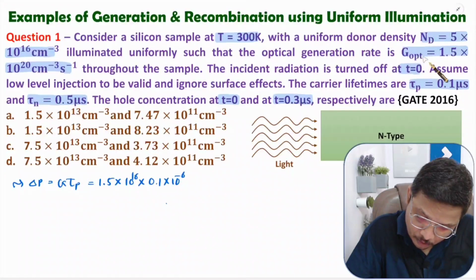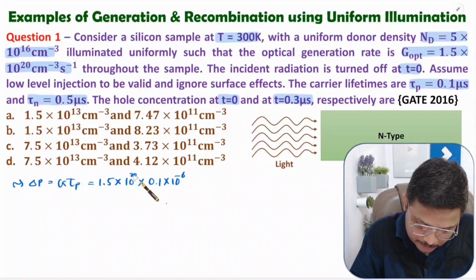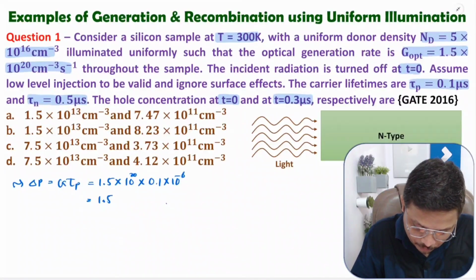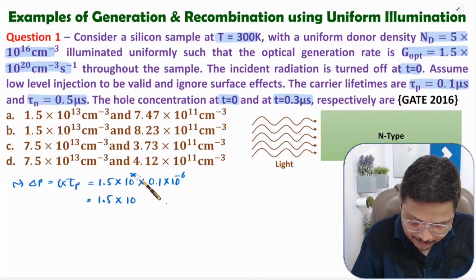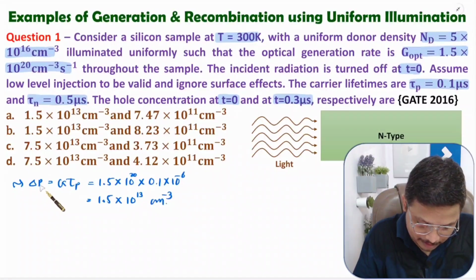So if you multiply, 1.5 into 10 to the power 20 minus 1, 19, minus 6, 13. So 10 to the power 13 per centimeter cube, that will be this delta P.